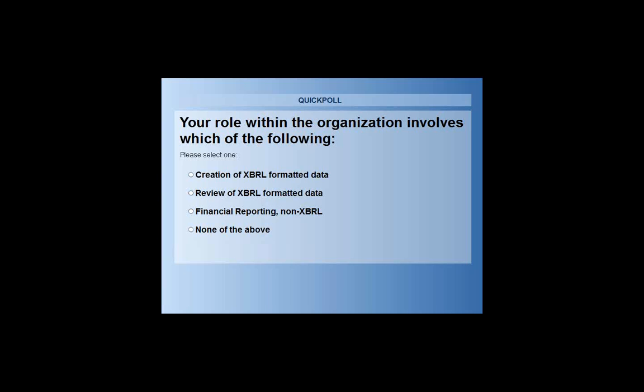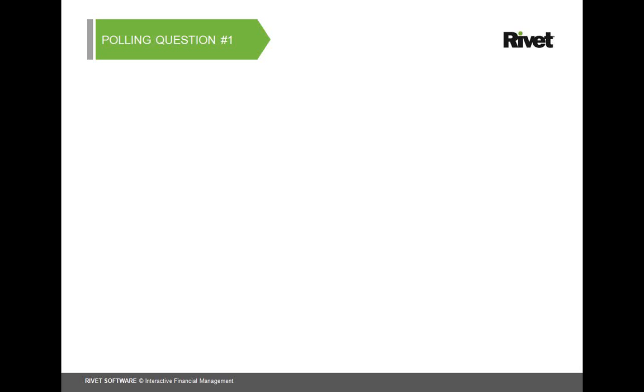Okay, we have about 80% voted. We'll give another 15 seconds here to let everybody vote. Great. It looks like a large majority, about 43-ish%, review XBRL, involved somehow in the review process.